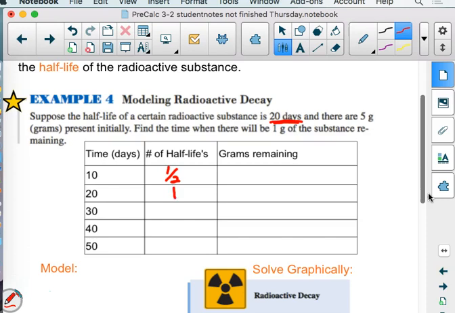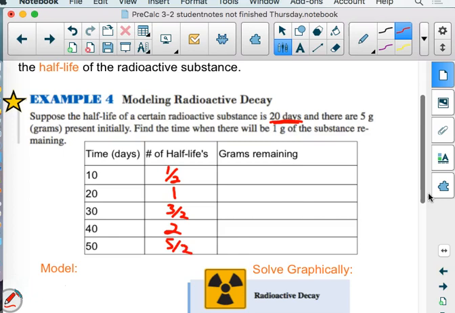If you have 30 days, how many 20-day time periods do you have? 1.5, you know, 30 over 20, which would be 3 halves if you want to leave that as an improper fraction. If you have 40 days, how many 20-day time periods do you have? 2 of them. 50, how many 20-day time periods? 2.5, yeah, 5 halves.